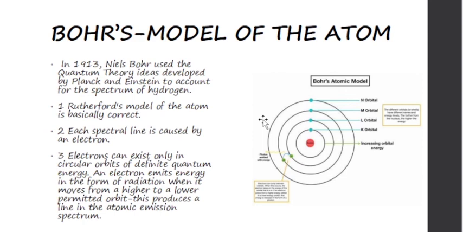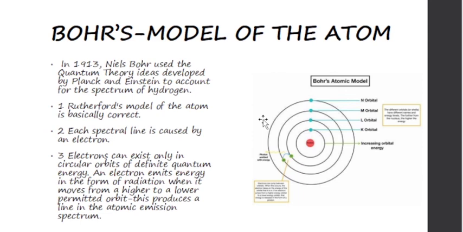Rutherford's model of an atom is basically correct, yes, but each spectral line is caused by an electron. That is to say, in describing Planck's and Einstein's account for the spectrum of hydrogen, he noticed that particular lines, or a line spectrum, were produced anytime an electron moves from one energy level to another energy level. The implication is that the energy levels where electrons are found are quantized.